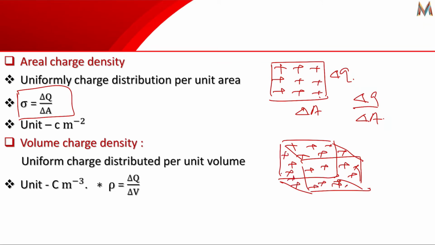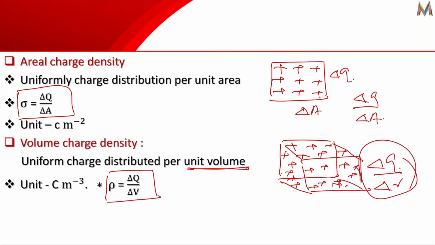Let the total charge in this volume be delta Q and the total volume be delta V. Then delta Q by delta V, the uniform charge distributed per unit volume, is called the volume charge density. So there are three types of charge density in continuous charge distribution: linear, areal, and volume charge density.